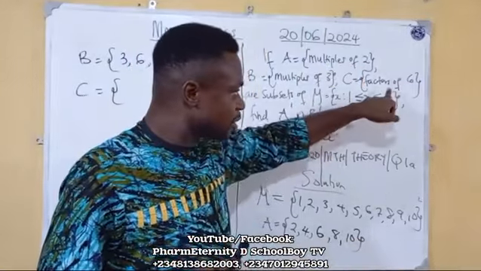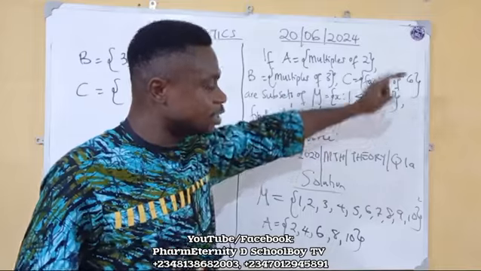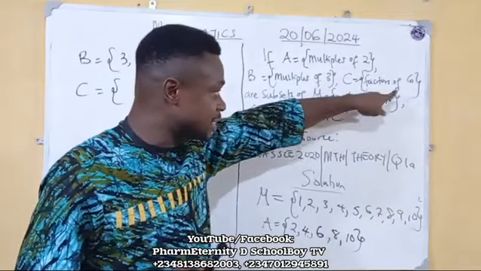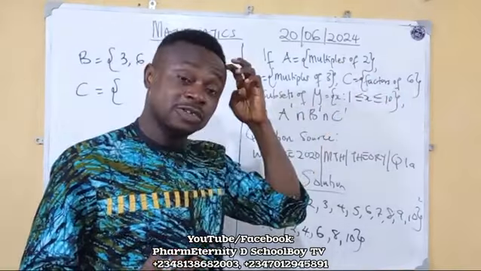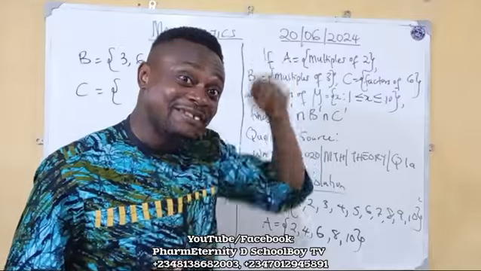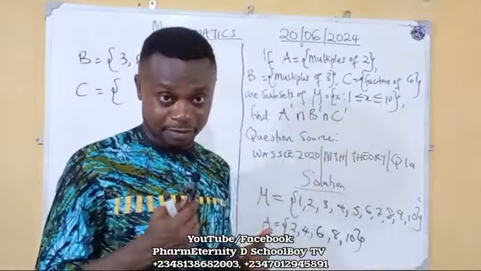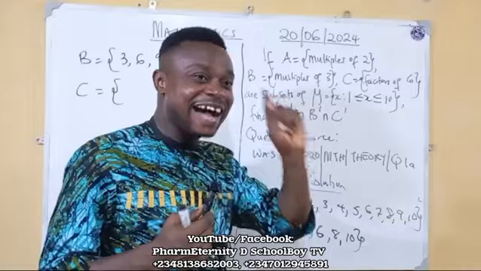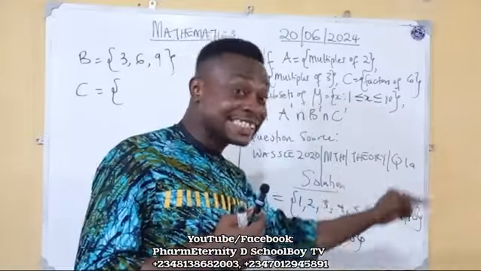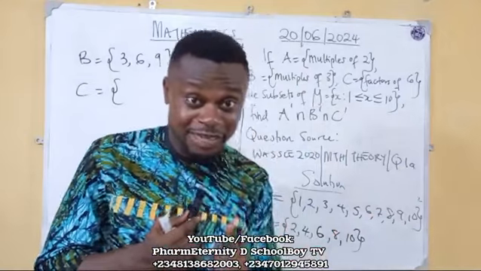I want to distinguish between factors and multiples. Factors of 6 are those numbers that can divide 6 without any remainder, while multiples of 6 are those numbers that 6 can divide without any remainder.